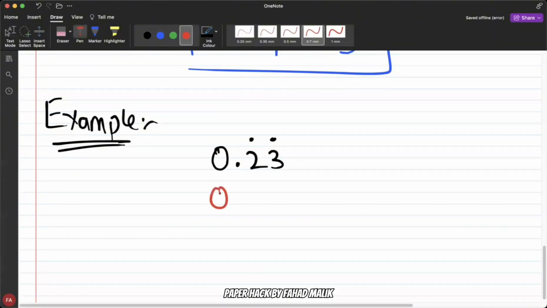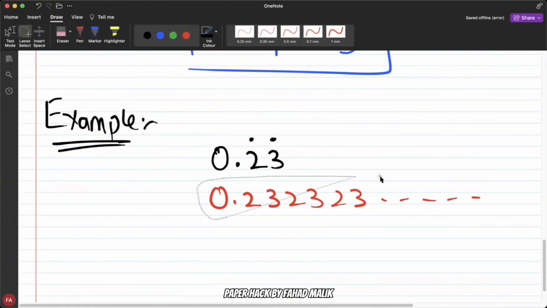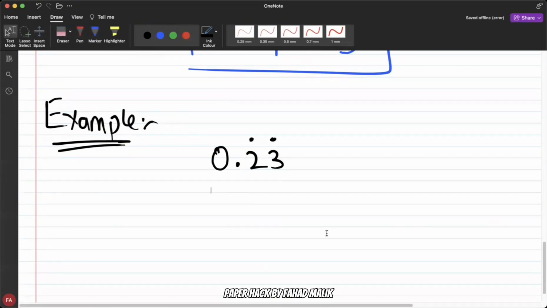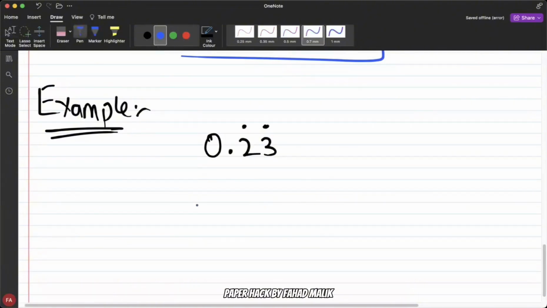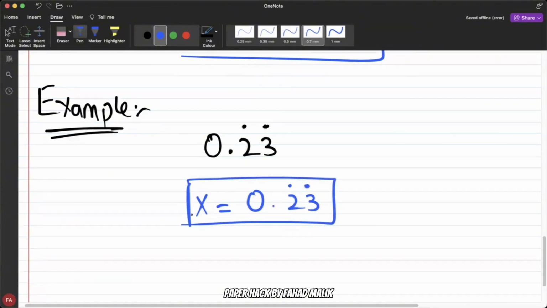What does that mean? It means 0.23, then we have 23, then we have 23. And this pattern of numbers keeps on repeating infinitely. So hopefully now the question is clear as to what this question actually means, right? So again, we'll get started by saying that x equals 0.23, and then we'll place a dot on it. That's what's given to us.